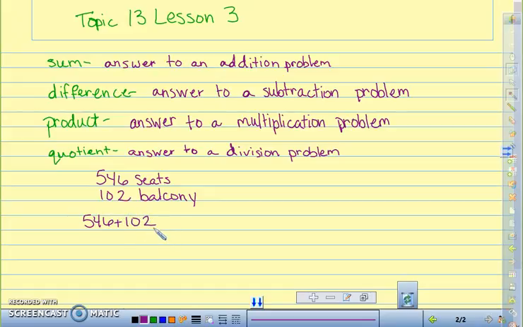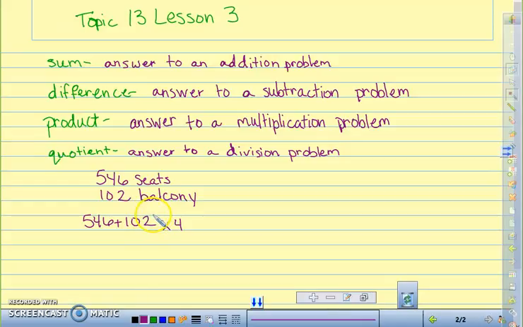Now, if we look at the flyer for the variety show, we notice that it has 4 performances. And so we need to find out how many seats were sold for all 4 performances. So if I go ahead and write times 4, now we know that by order of operations, I would do 102 times 4 first.